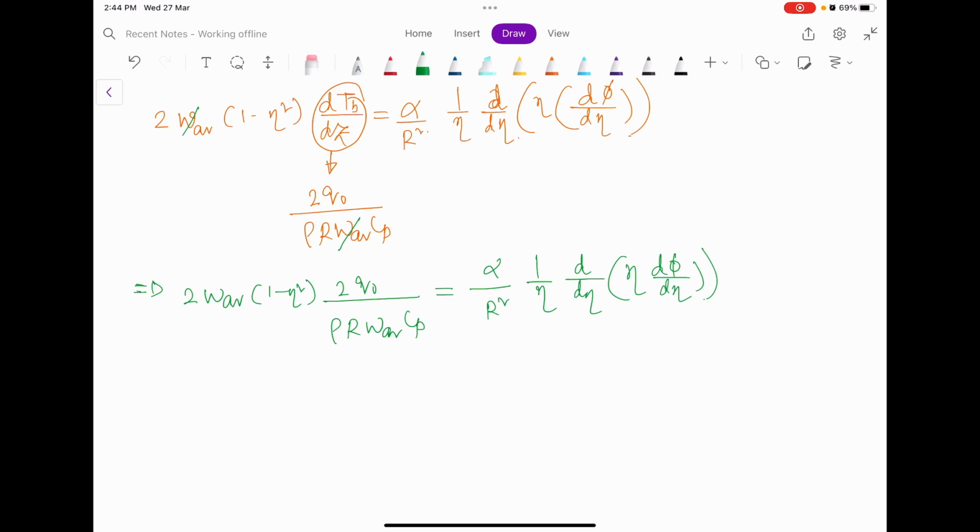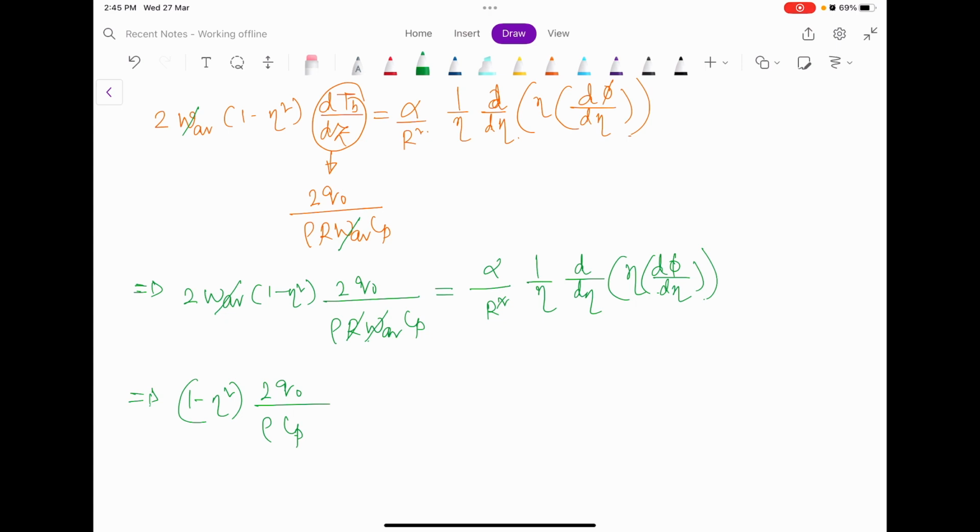Okay, so this will be cancelled out, and then 1 R will be cancelled out, right? So then I will be having 1 minus eta square into 2q naught by rho Cp, right?